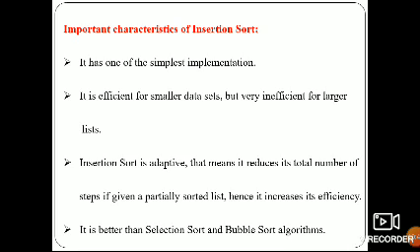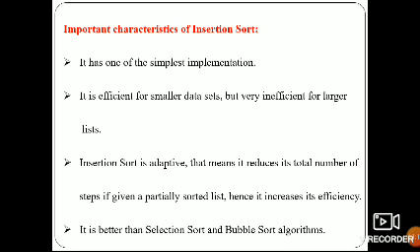Insertion sort is adaptive. That means it reduces the total number of steps if given a partially sorted list. Hence, it increases the efficiency. It is better than the selection sort and bubble sort algorithms. So when compared with those two sorts, it is better.